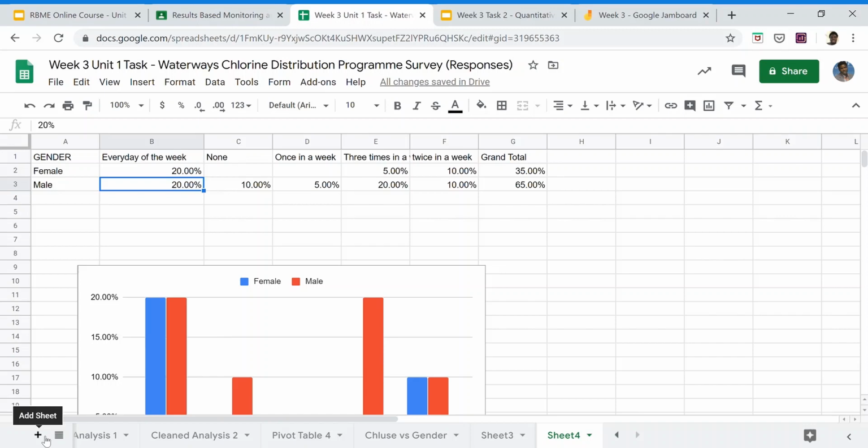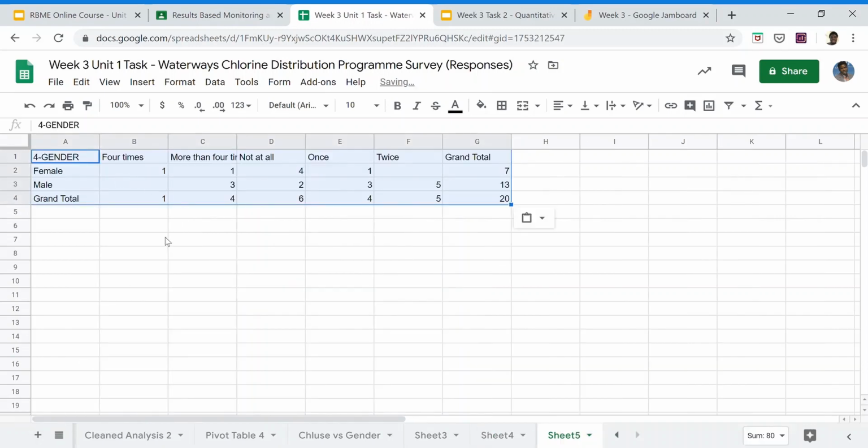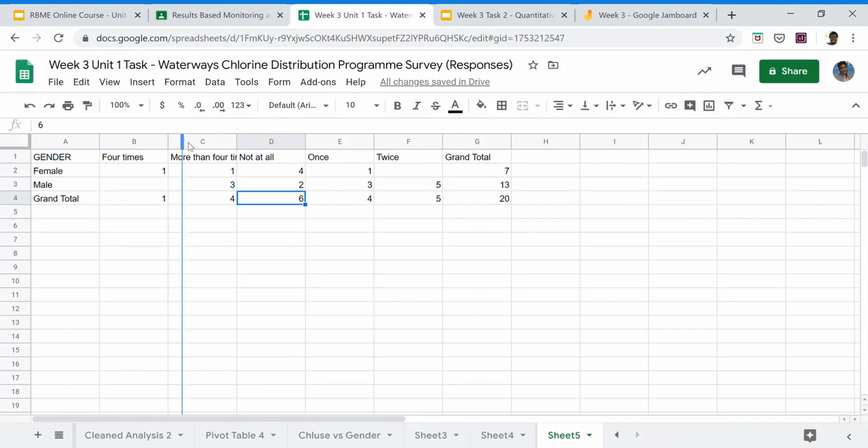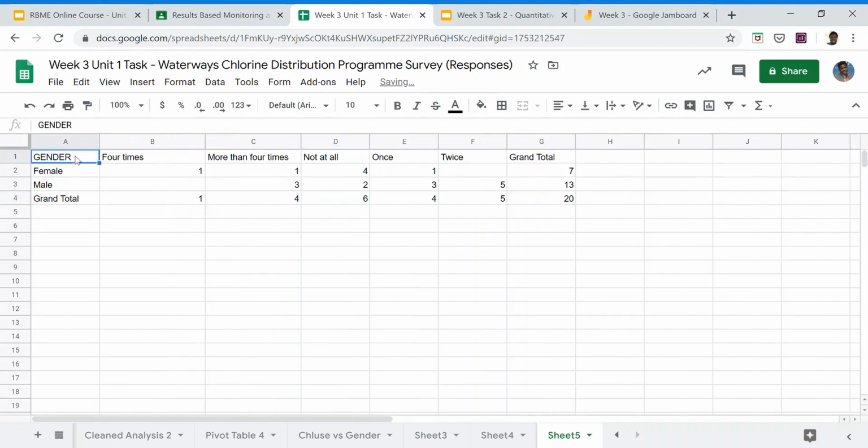Okay, so let me create another one. Do not miss out on that. Very important. Times hospitalized.